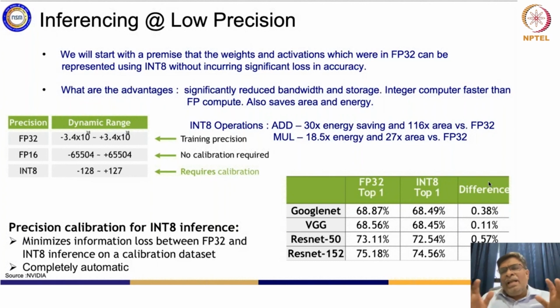So the idea here is that there will not be much of a difference. Of course, you can still go on improving and optimizing it further, but this is not that much of a difference when you get the advantages of so many things like energy, bandwidth, storage, faster compute, and everything. So this is basically the gist of inferencing at low precision, right?